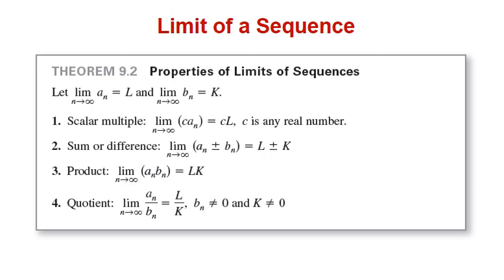This should be pretty straightforward. It's just saying, if the limit does exist for this sequence and the limit exists for this sequence, then you can have a scalar multiple, you can add the limits, you can multiply, so on and so forth.